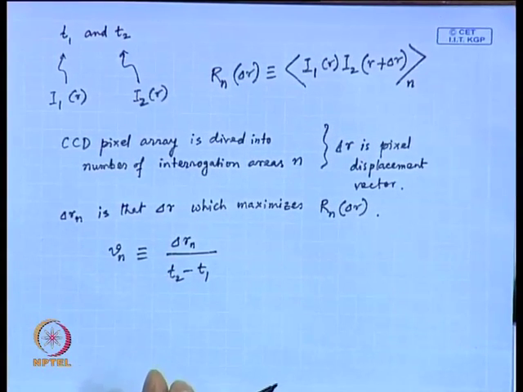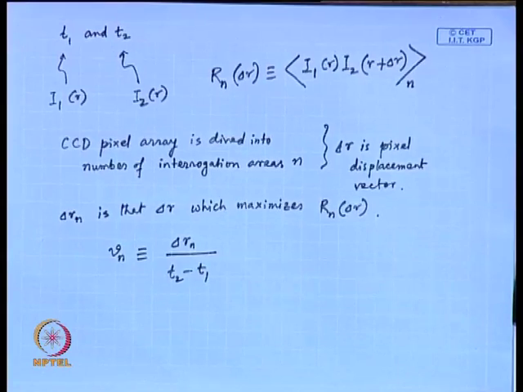So, over this time interval t2 minus t1, you are finding over what delta r the maximum change of intensity has taken place, and that you are relating to the velocity. This would be the way you measure velocity at a point in a channel of this length scale. All right.